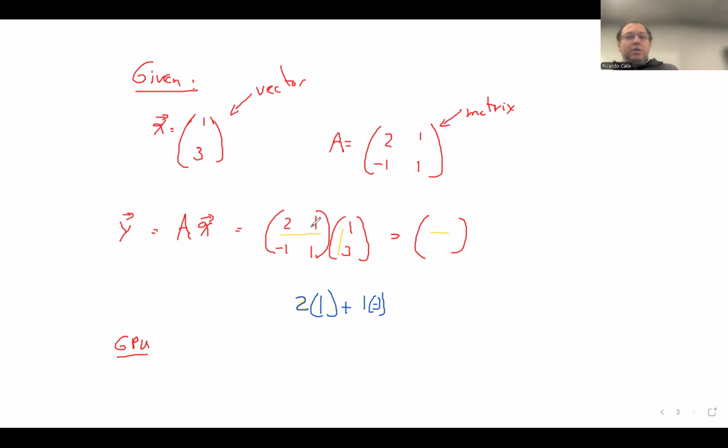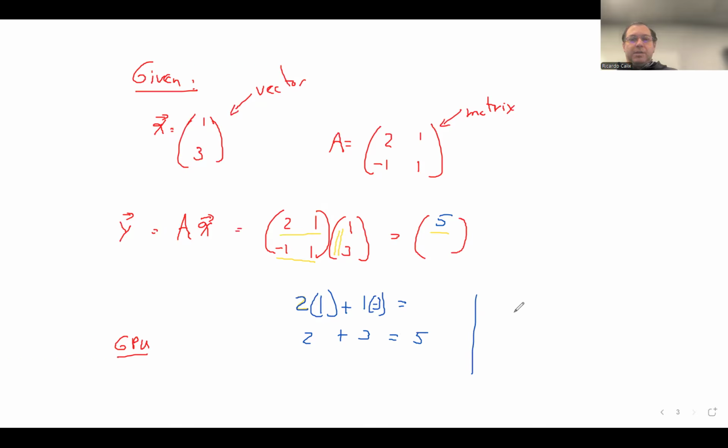All right, so we do this: 2, 1, 1, 3. What is that equal to? That's going to be 2 plus 3. So that is what? 5. There you go. That's my 5. All right, then I do the next one. So I'm going to do minus 1, 1, 1, 3. Right? So I just repeat the process so that we can write it out over here.